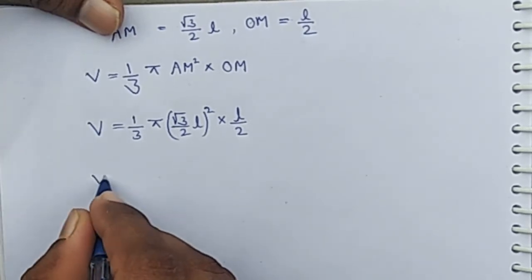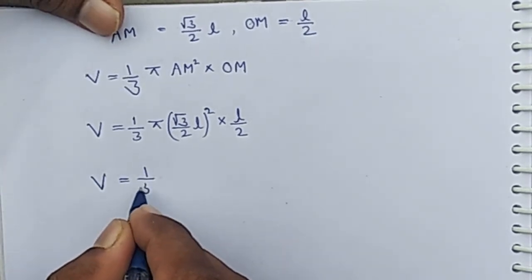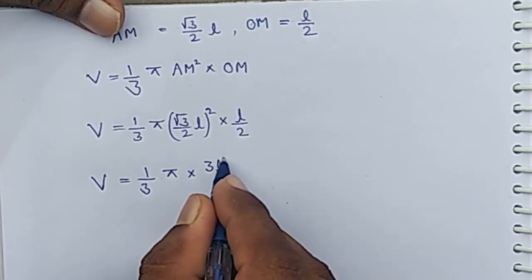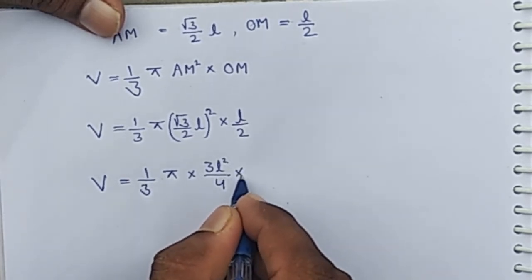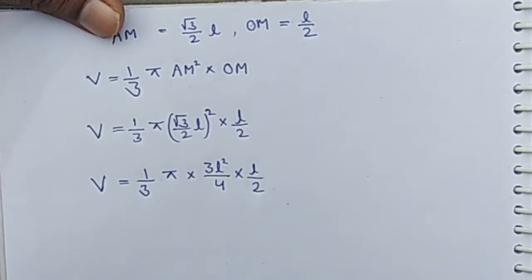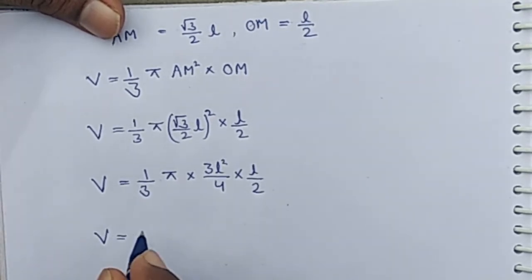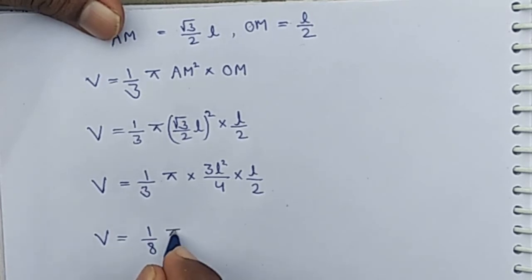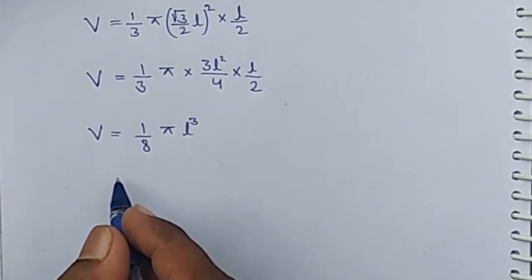Then volume equals 1/3 pi into 3 L square by 4 into L by 2. We have V equal 1/8 pi L cube.